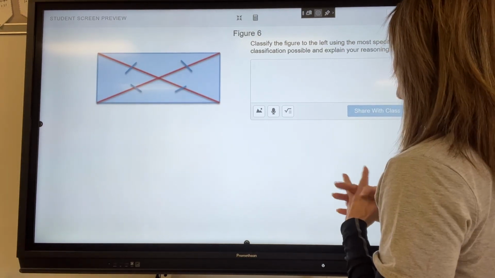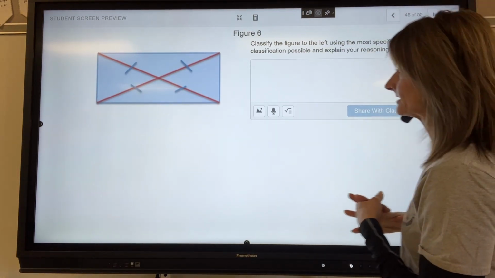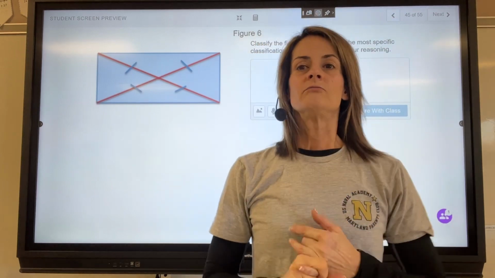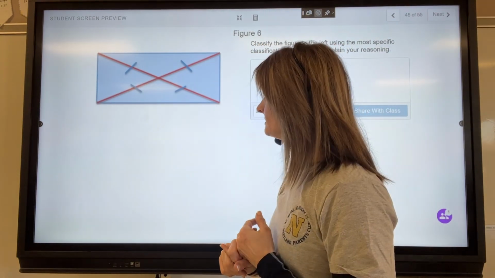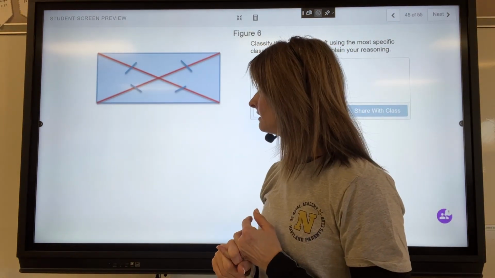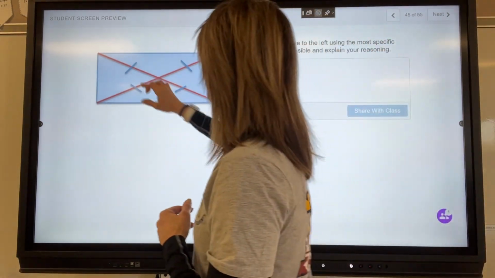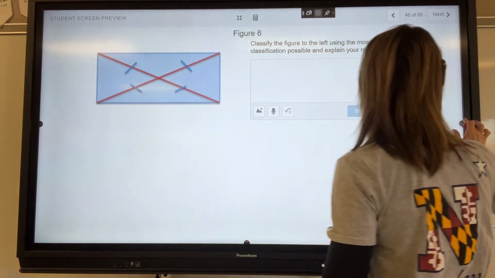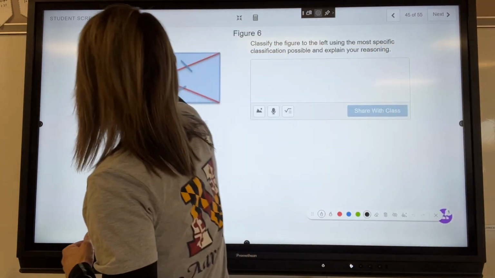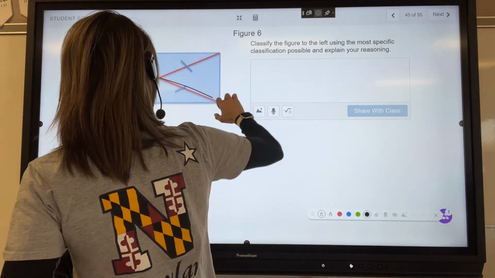Classify the figure to the left using the most specific classification possible. The diagonals bisect each other, wouldn't you say? Meaning this diagonal has been cut perfectly in half, right?